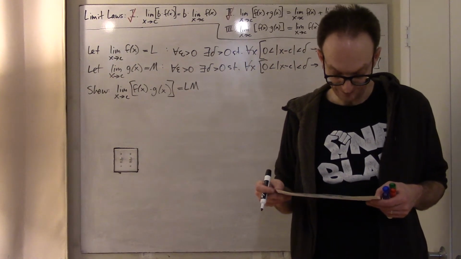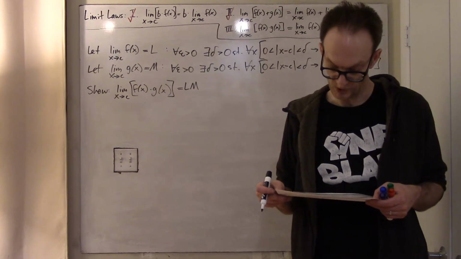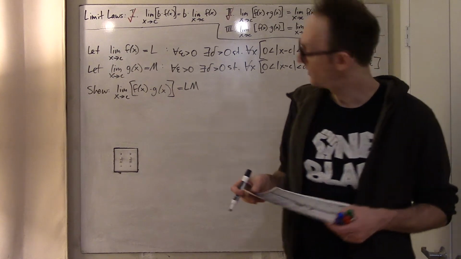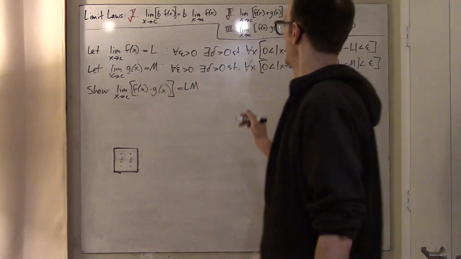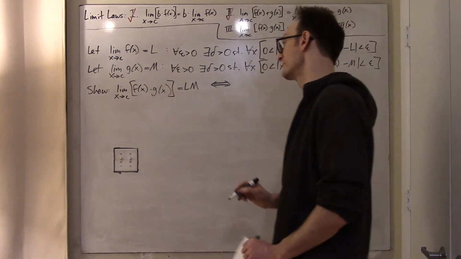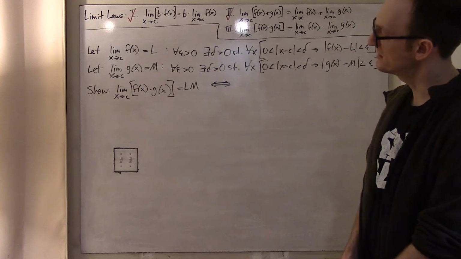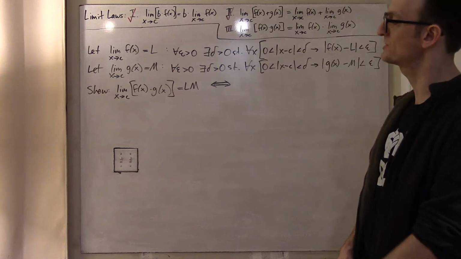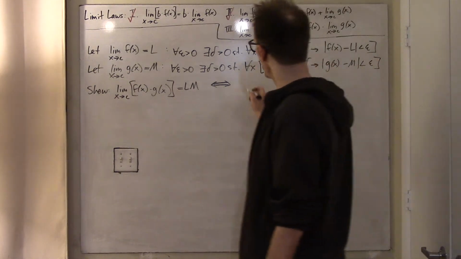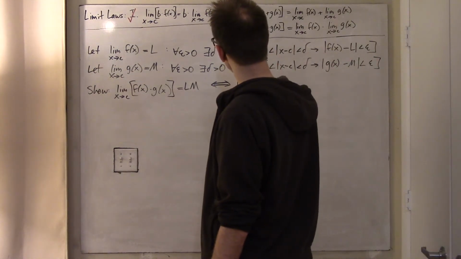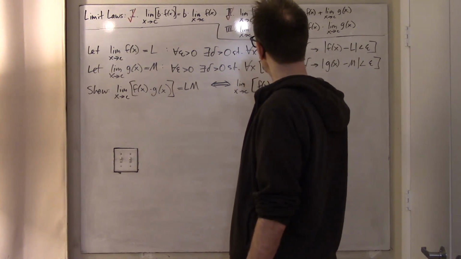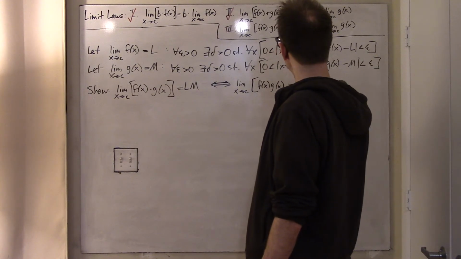Okay, here is where I pull a move. Following the lemma from 2 minutes ago, I've decided that instead of showing that the limit as x approaches c of f times g is Lm, let me instead show that the limit as x approaches c of fg minus Lm is 0.